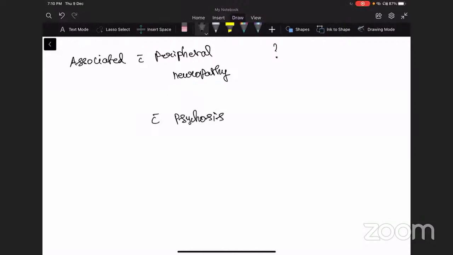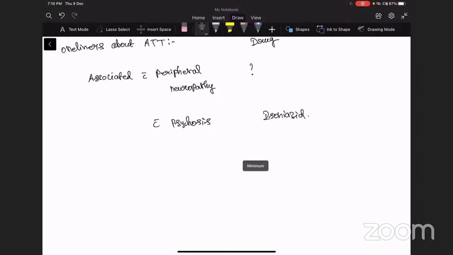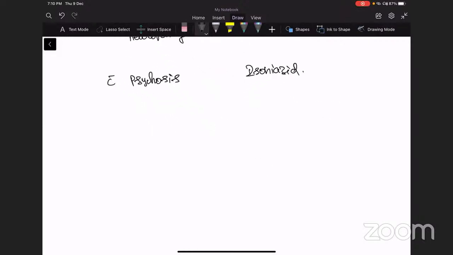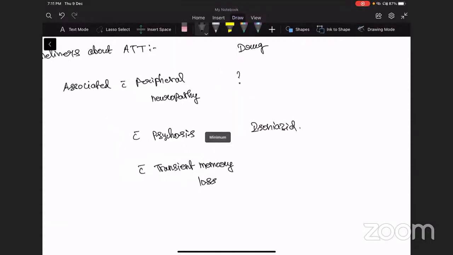Associated with psychosis is isoniazid. Associated with transient memory loss. Yes, we are going to cover high yield important points to be remembered that have been asked in the previous exams and possible questions for the upcoming exam.